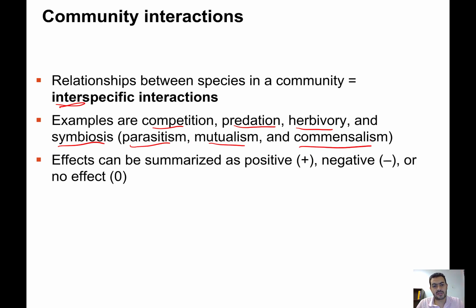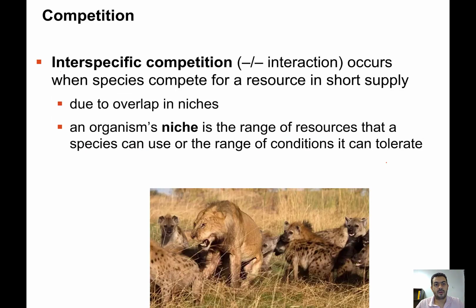And these effects can be summarized by the mathematical signs: positive, when one species is positively affecting the survival and reproduction of the other organism, or negative, when it is negatively affecting the survival or the fitness of the other organism, or zero, when there is no effect or a negligible effect. So we covered these interactions in previous videos. That's why I'm going to go through them quickly to revise them.